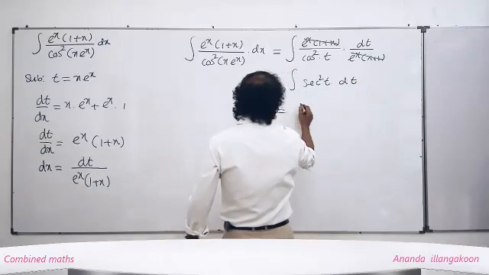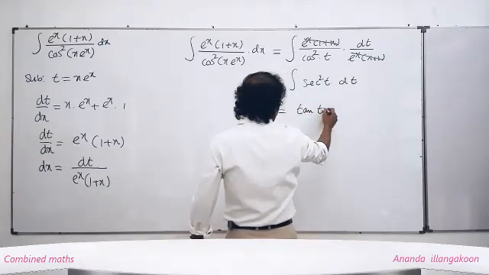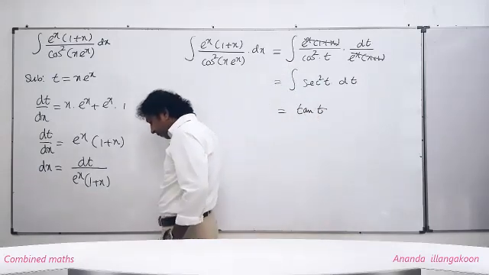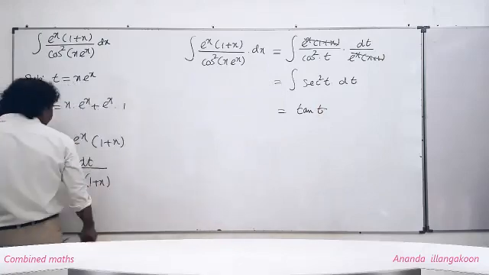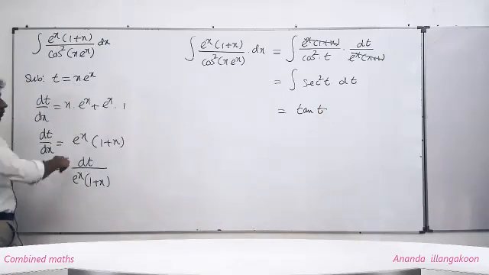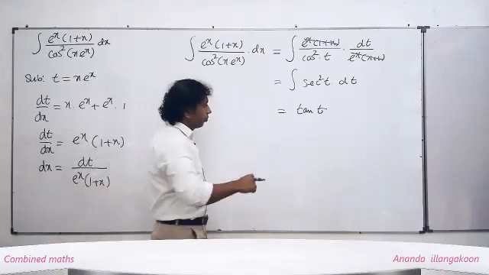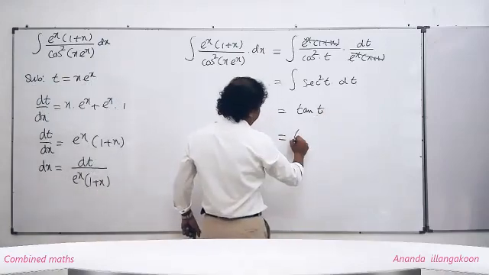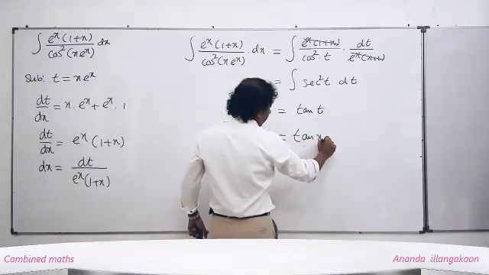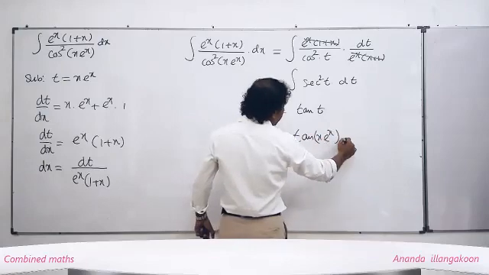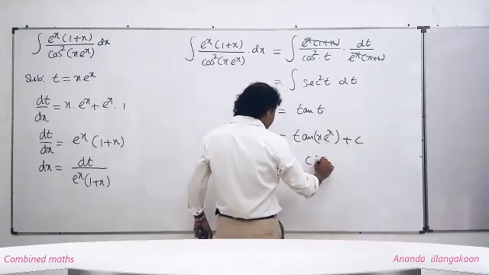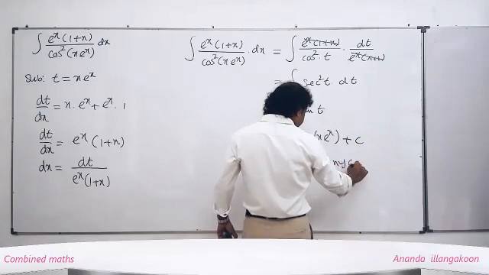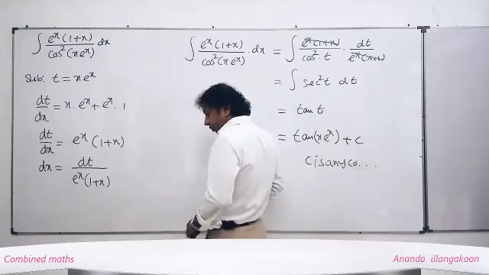The integral is tan t. T is x e^x. So tan(x e^x) plus c. C is any constant. That's how we get that answer.